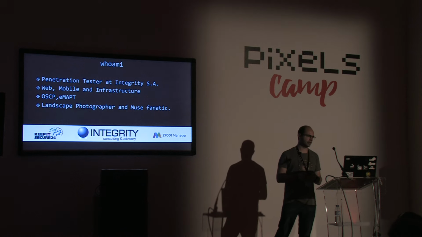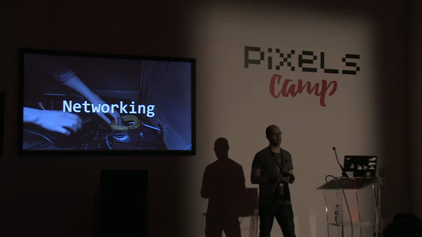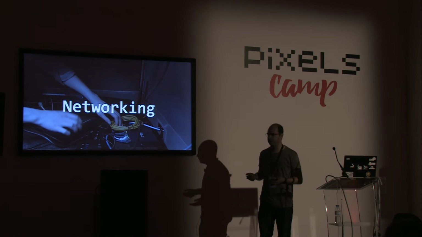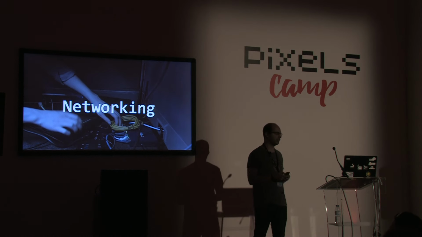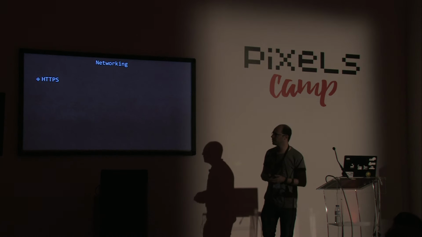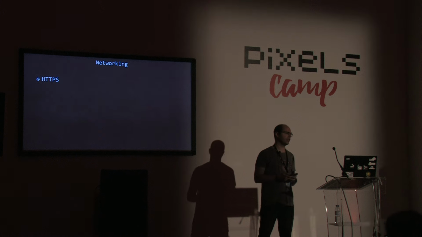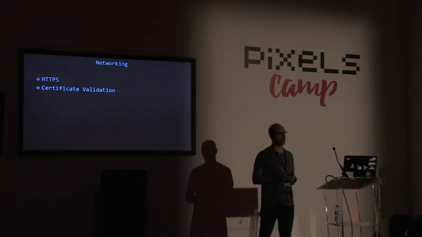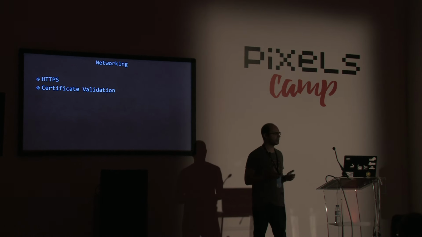So let's start. The area of the network is usually, from my experience, the part that has more problems, and we find more issues on Android applications. This all relies on HTTPS, and this involves certificate validation. This is usually where applications tend to mess up.